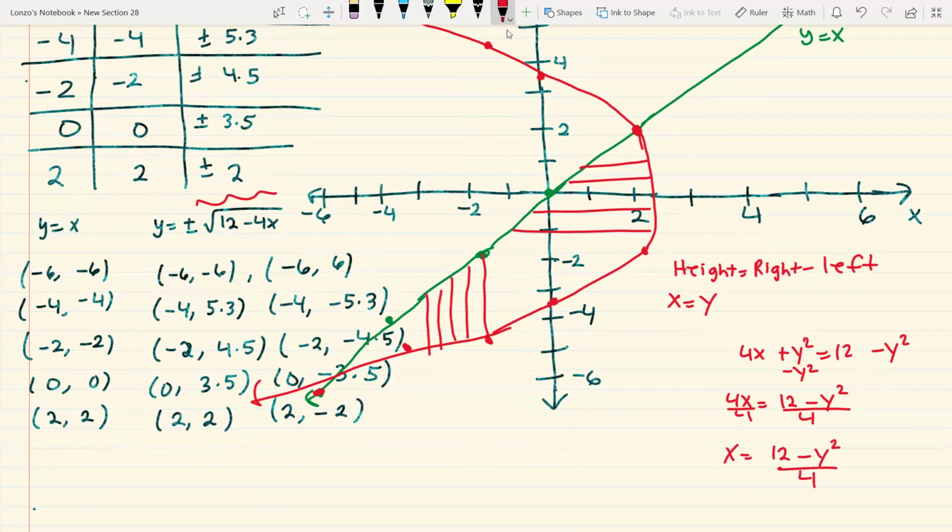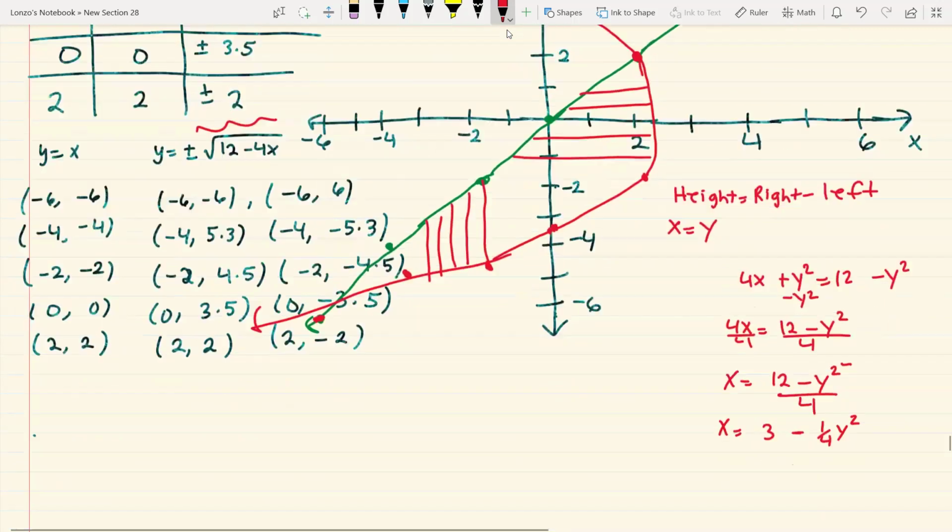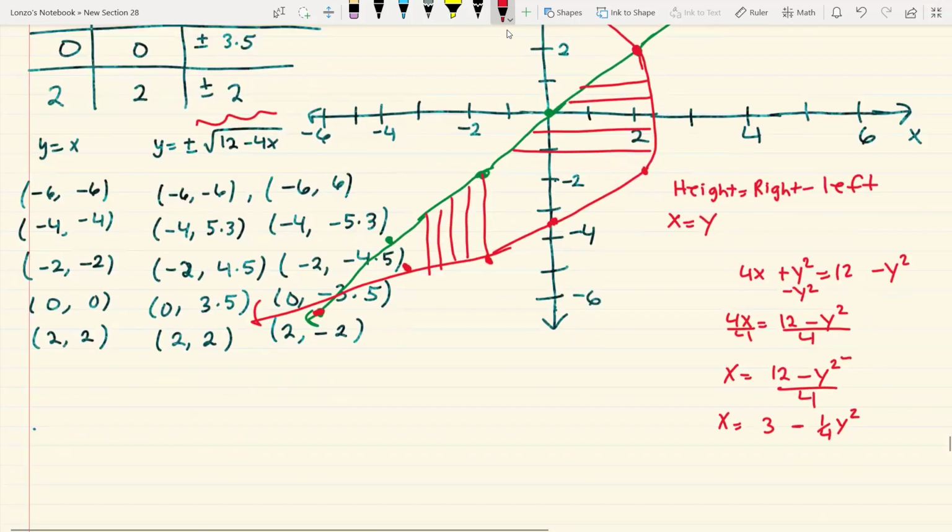Okay. So which one is the right and which one is the left? So I think the right one is this one, right? Hold on, we can simplify this. We're going to divide each term by 4. So 12 divided by 4 is 3, minus 1/4 y squared. Okay. So your area is going to be from, in terms of y, our smallest y value is -6.